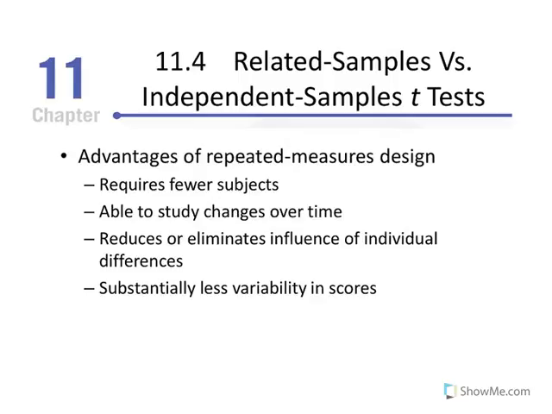Now I'd like to discuss the advantages and disadvantages of the related sample t-test versus the independent sample t-test. Notice that Chapter 9 was specific to a single sample t-test where we had population parameters, the mu in particular, but we did not have population standard deviation, but we only were testing one sample. In Chapter 10, then we realized that most research is conducted by using two samples that are representative of two different populations.